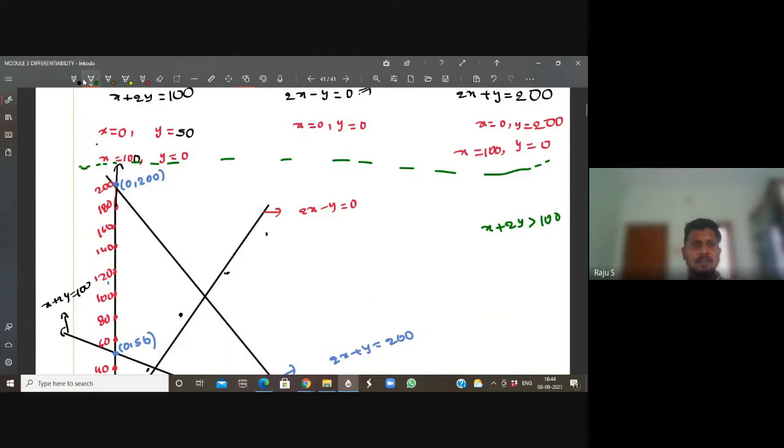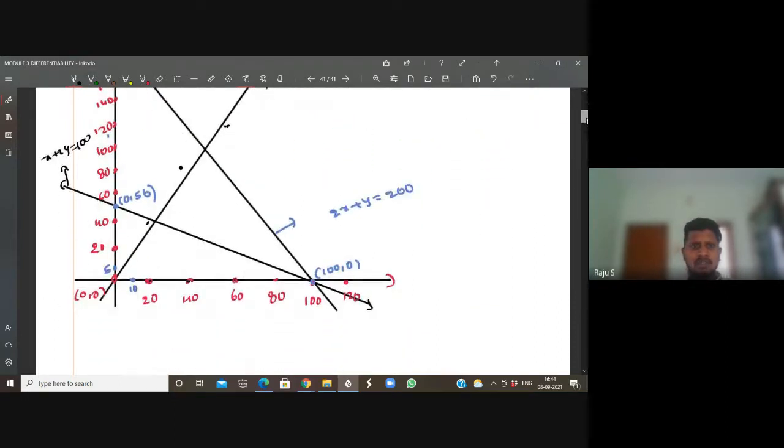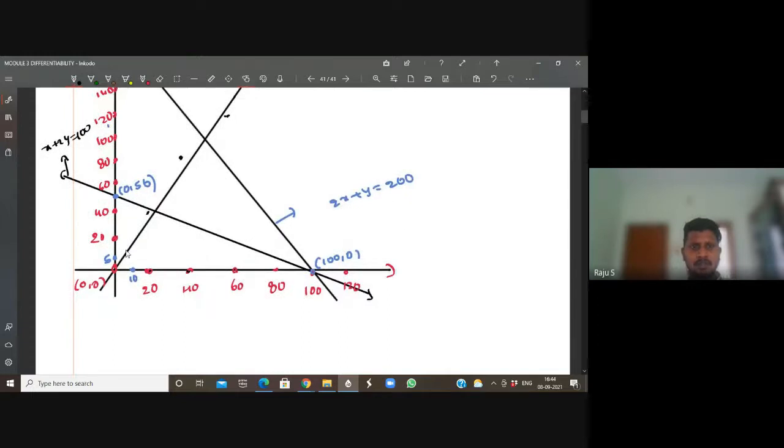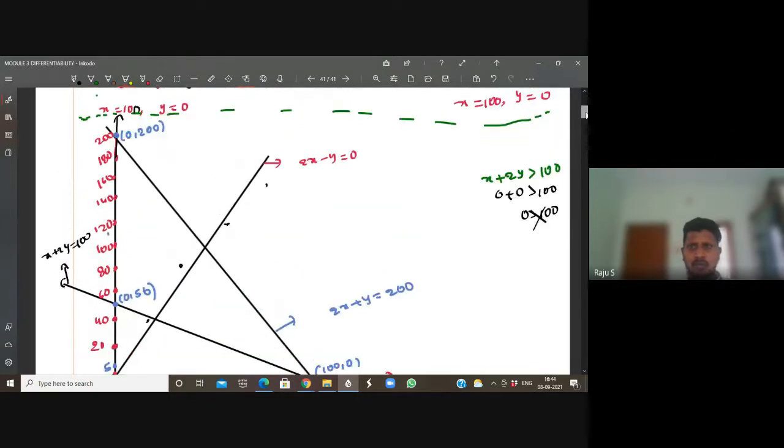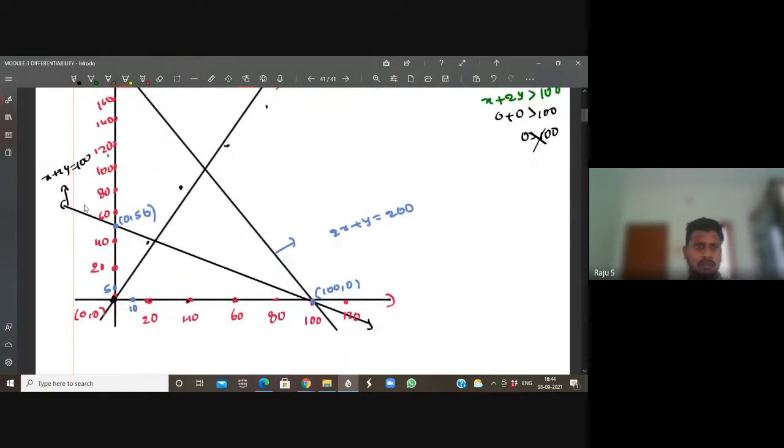Is 0 comma 0 a solution? First one, this is the line. 0 comma 0 is not in the solution region, because 0 is not greater than 100, so it is not possible. So the solution region of the line x plus 2y is equal to 100 is like this, part 2.